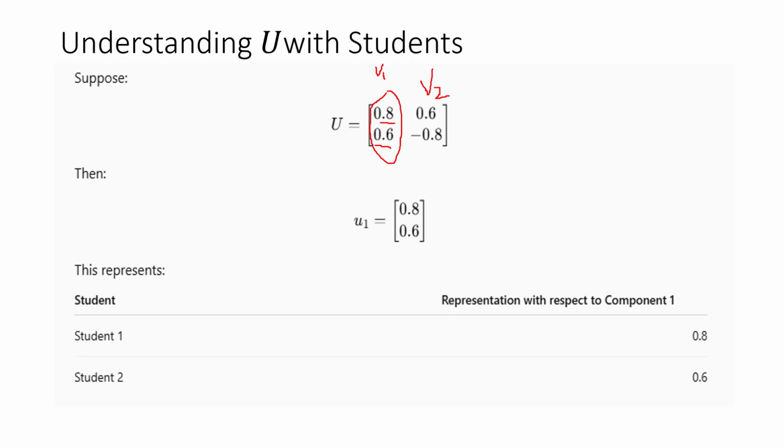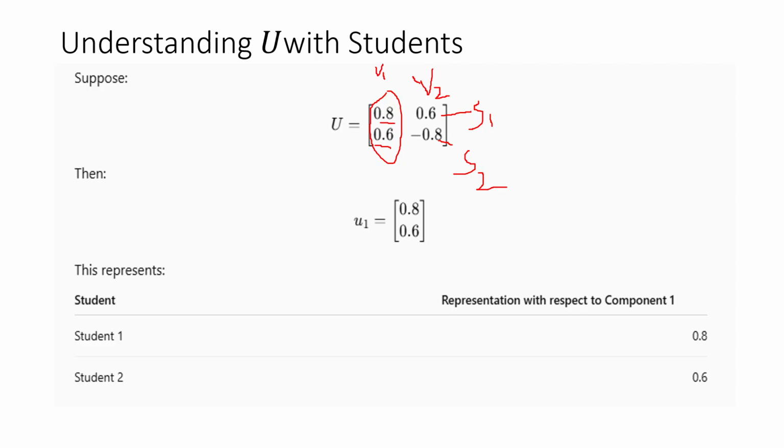And what does this 0.6 represent? It shows how our first student, suppose it is S1, is related to the second direction or the pattern that we have found, and this indicates how our second student is related to the second direction that we have found.